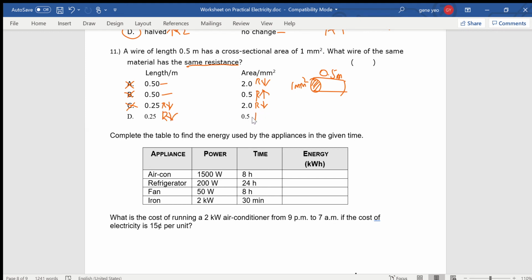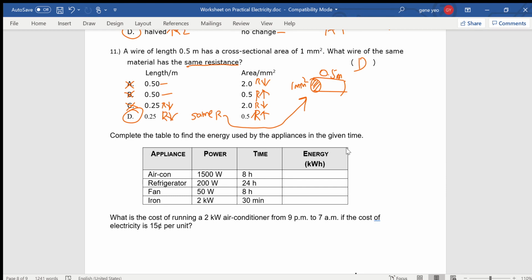Area drops means resistance increase. So the drop here is mitigated by the increase here, and you'll have the same resistance as this fella. So D is the answer we want.